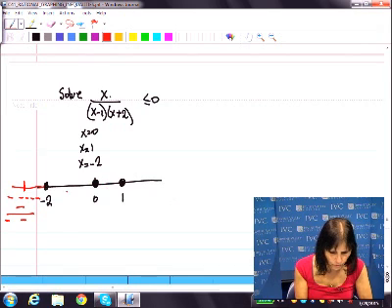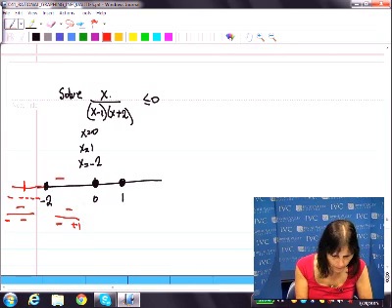Between 0 and negative 2. So let's look at that. Put like negative 1 or something. So you're going to have a negative on top, a negative at the bottom, and then a positive. Oh, look what happened. Negative, negative, positive, so it's going to be a positive.